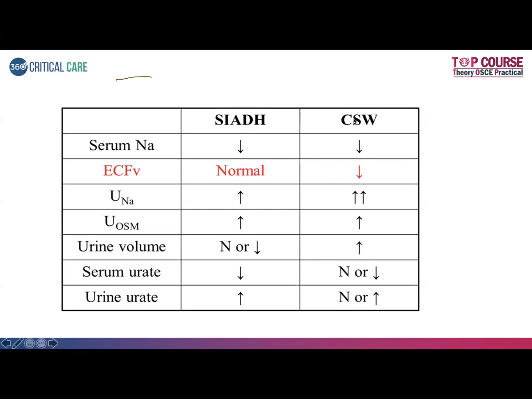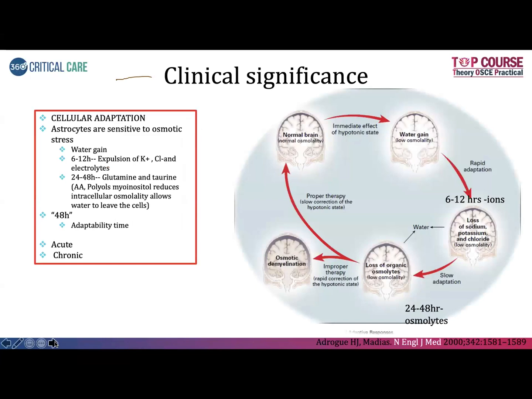So if you measure the CVP in these patients with cerebral salt wasting, it will be very, very low. That is the major difference between SIADH and cerebral salt wasting. Rest of the other parameters, serum sodium will be low, urine sodium will be very, very high in cerebral salt wasting, osmolality will be high, volume, yes, definitely in cerebral salt wasting, urate will be normal or it can be low also. So other features may not be differentiating.